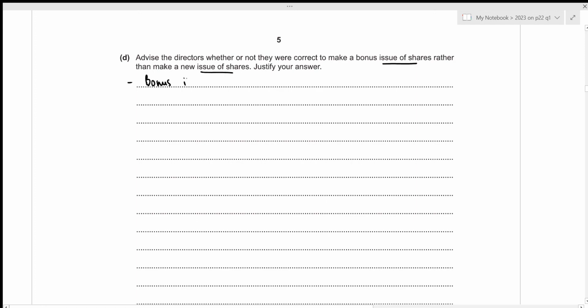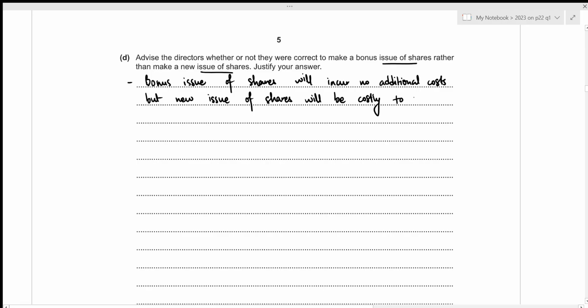Bonus issue of shares will incur no additional costs, but new issue of shares will be costly to source new shareholders.